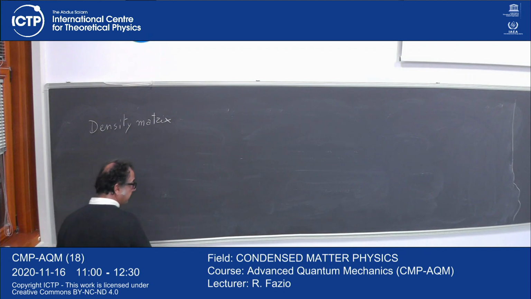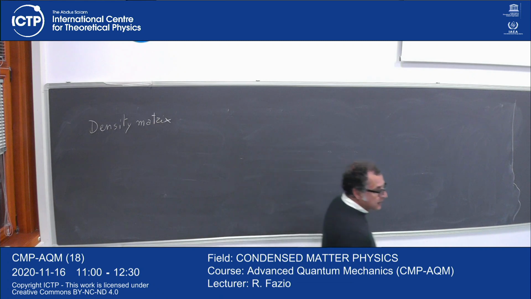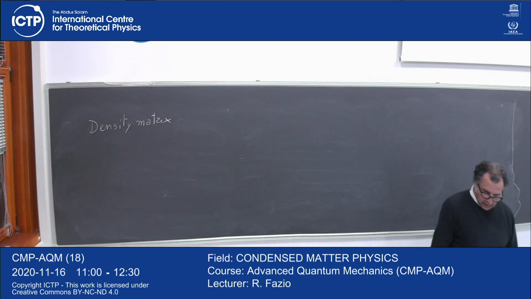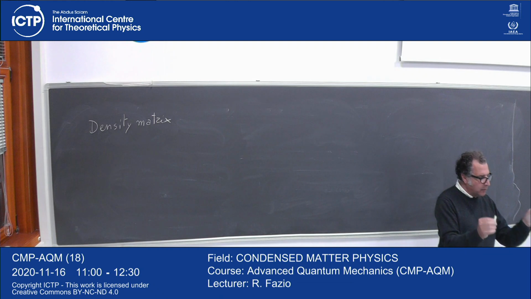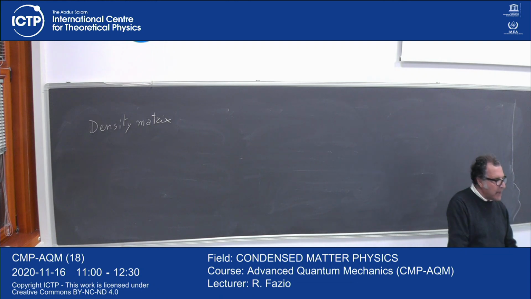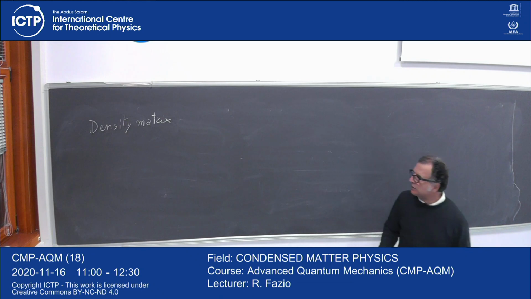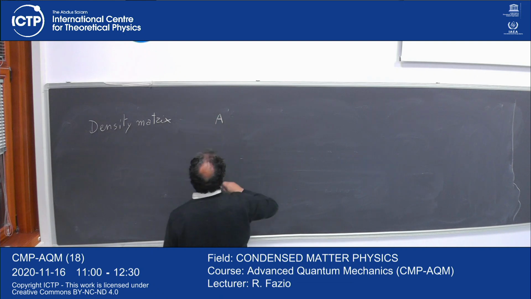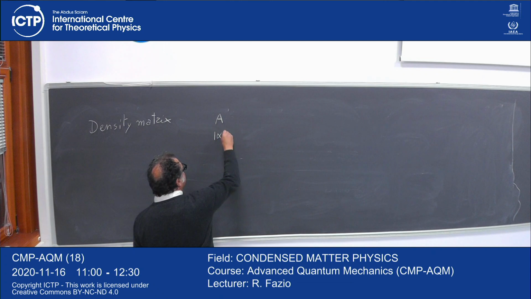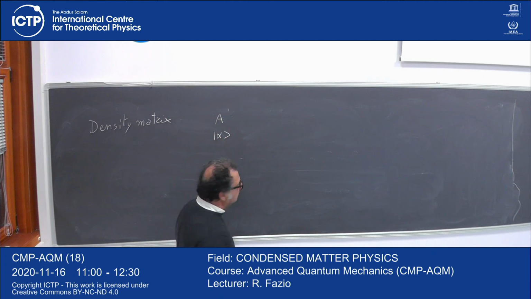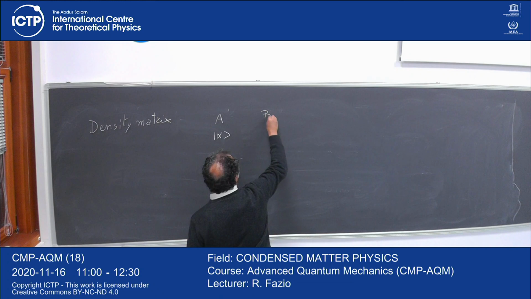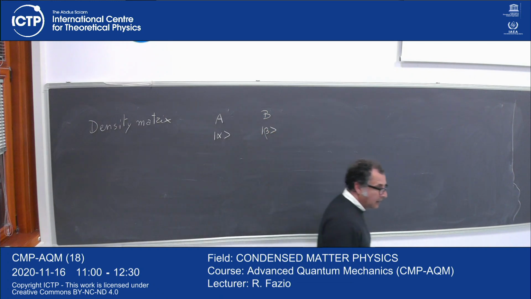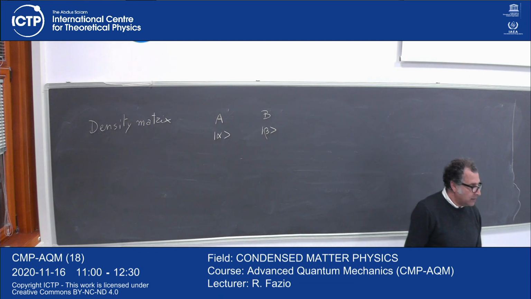Okay? So I will now consider a system which is formed by a bipartite system, a quantum state which is bipartite. So you have a subsystem A in which you have a certain basis, alpha, and subsystem B characterized by basis beta.